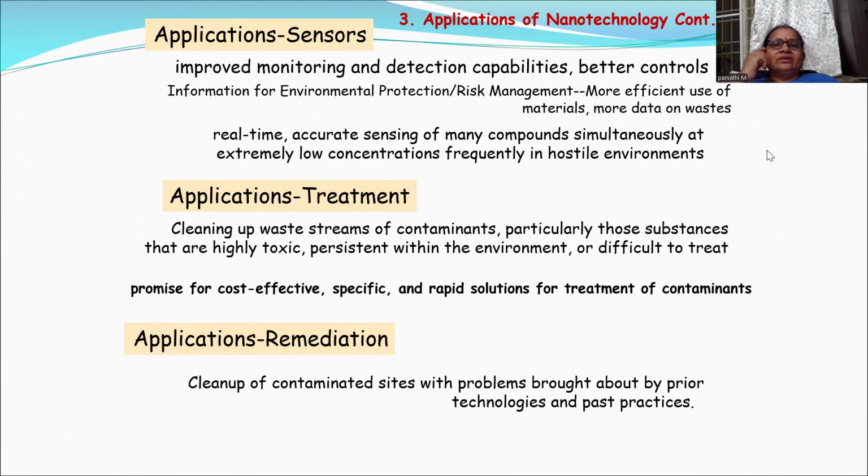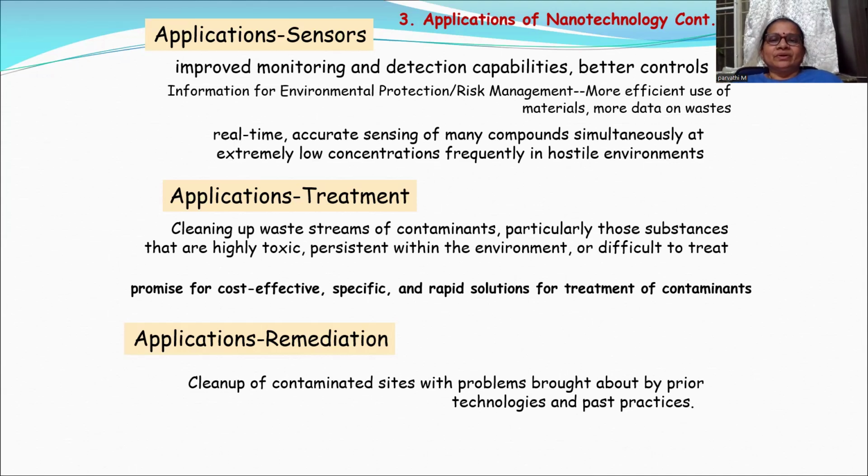So improved monitoring and detection capabilities. Generally we may use them to identify blood cells, glucose levels, or cancer cells. So these are various scenarios where you can use nanomaterials inside to make the sensors, and accordingly they are used for different applications. Each sensor may have different capabilities for detection and then control.